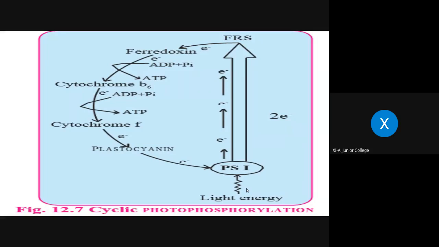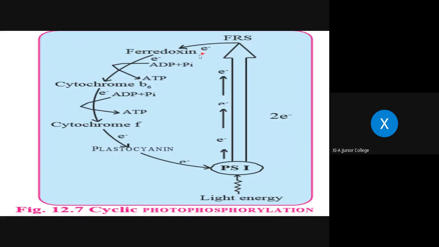See, this is pigment system 1, as I showed you, at 700. This is the light energy from the accessory pigments as well as directly from the sunlight, received by the pigment system which contains the chlorophyll A molecule. Then the electrons are excited and first accepted by the ferredoxin reducing substance.